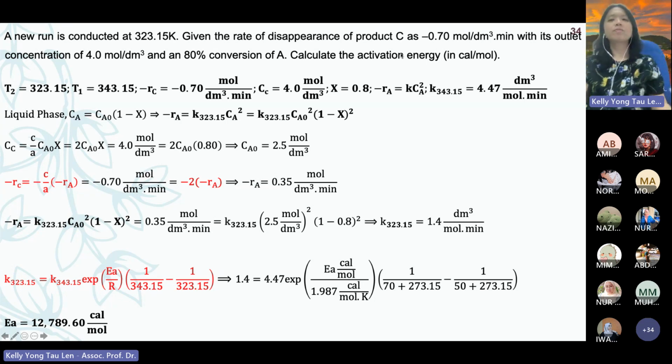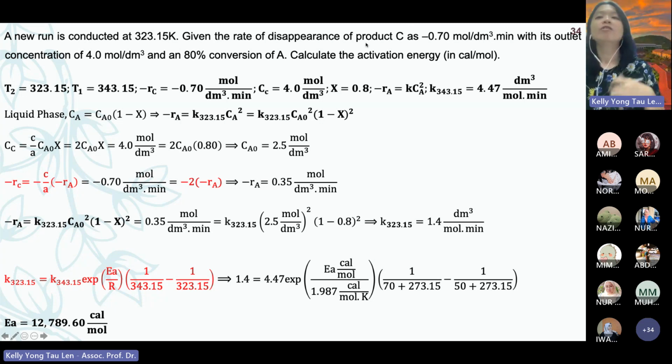So kamu nampak information dia a bit confusing. Sometimes reaction challenge dia bagi berjenis-jenis information, of which is sometimes a challenge to understand macam mana information ni digunakan. Okay, so first of all, diberi kamu dah tahu the first information T2 323.15, my new temperature.